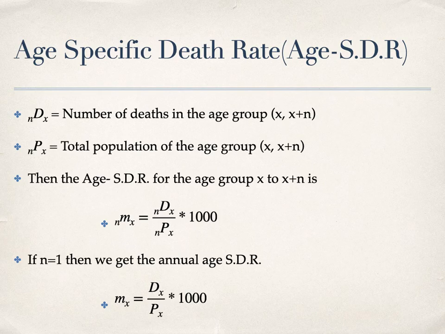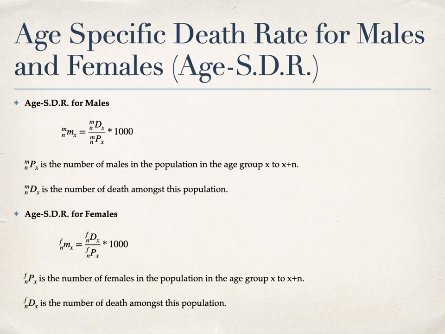Now, in the case of the age specific death rate, there was only one factor, that was the age group, x to x+n. Now we are going to consider the age specific death rate for females and males. So we are going to divide the total population into two.